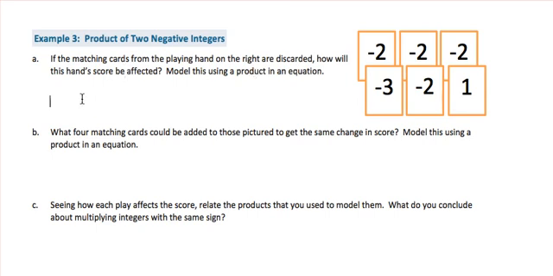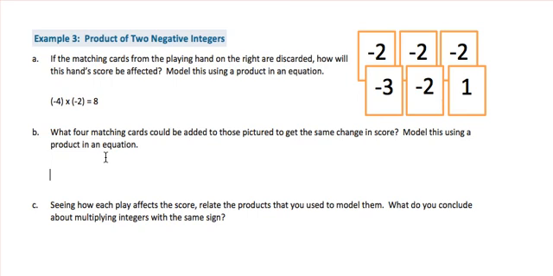So we can say that negative 4 times negative 2 equals 8. If we do 4 discards of a -2, it will increase our score by 8.